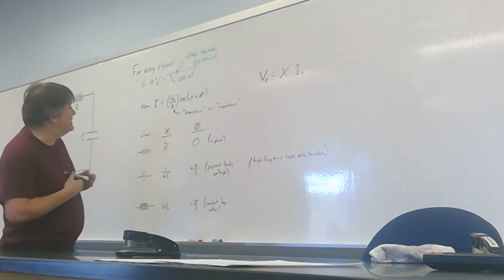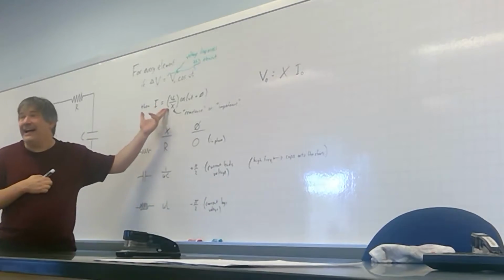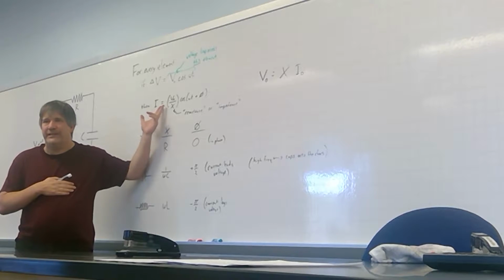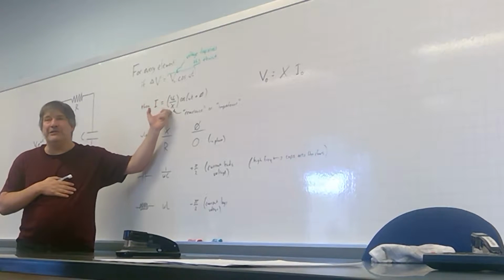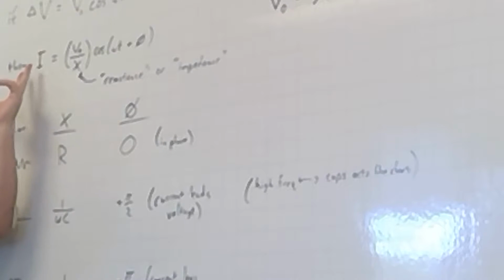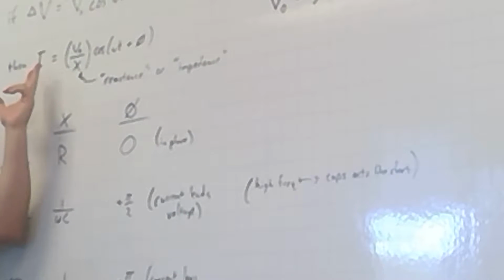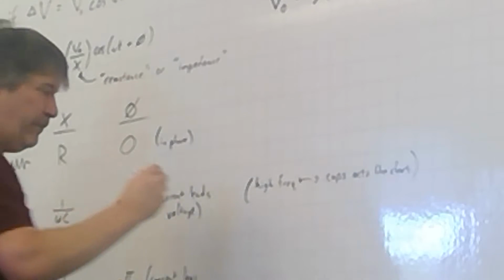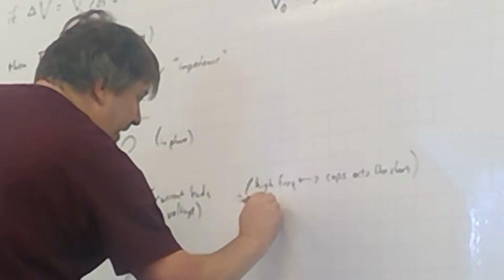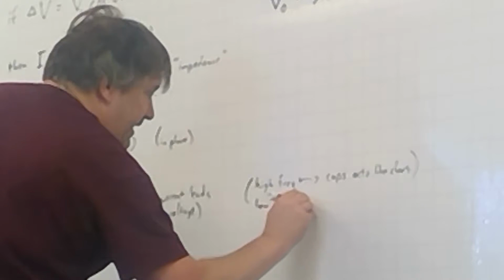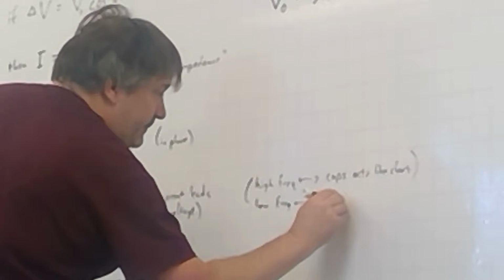At low frequencies, on the other hand, there's lots of time for the capacitor to build up voltage. So even a fairly small current could end up building up a really high amplitude voltage wave on that capacitor. So at low frequencies, in the limit where omega goes to 0, the capacitor acts like an open circuit.